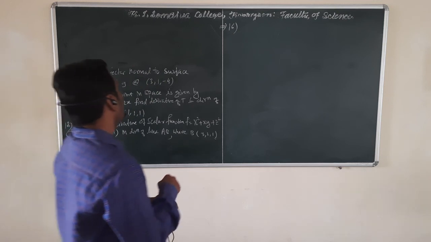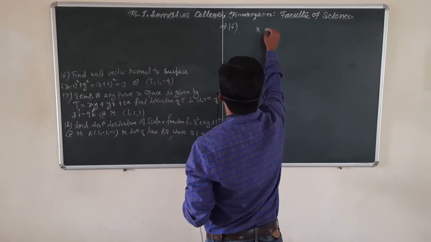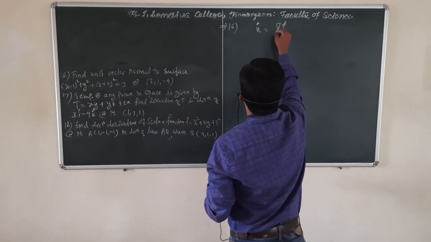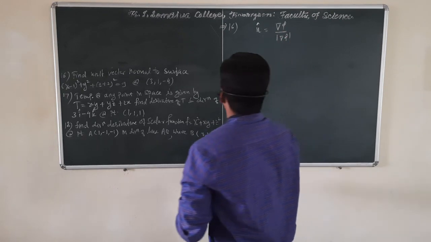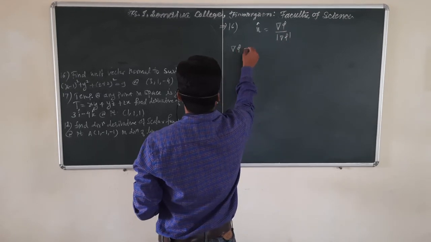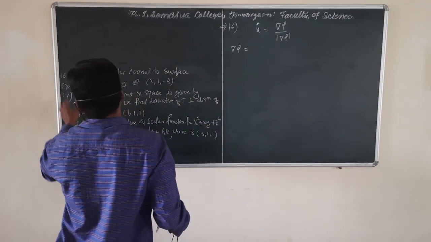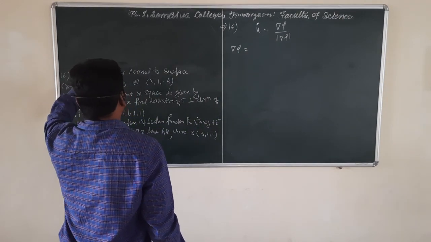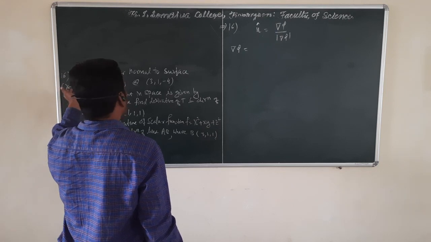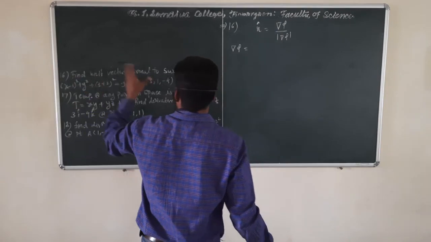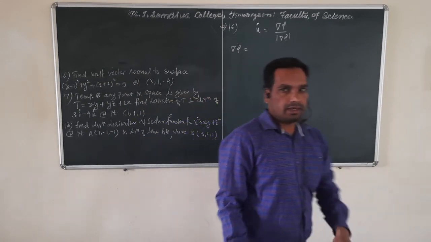So that unit vector n cap is what? Gradient of phi divided by magnitude of gradient of phi. First of all, find out gradient of phi. We have to differentiate this with respect to x. I'm solving this problem directly.